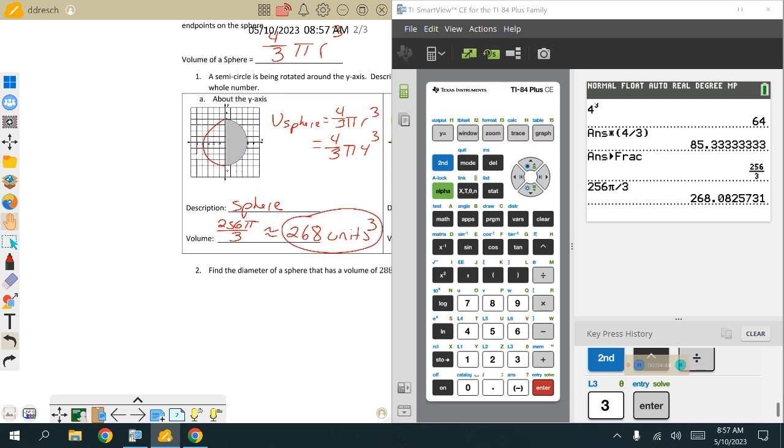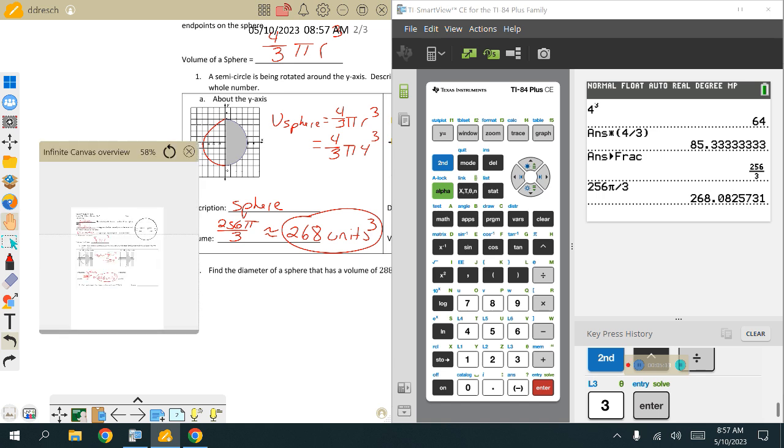What some of you did on your answers was give me something like 268.08 as in terms of pi. That's not it. And then you rounded correctly for the second piece that said nearest whole number, and gave me correctly 268. But that first answer is incorrect. So in terms of pi, I better see pi in the answer.